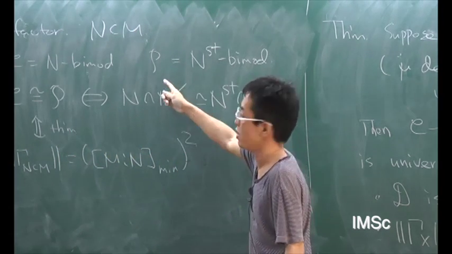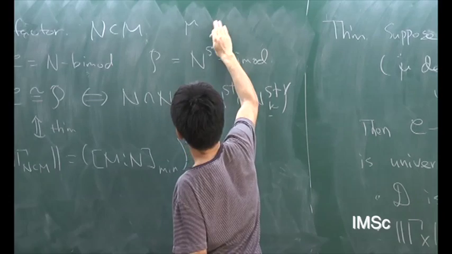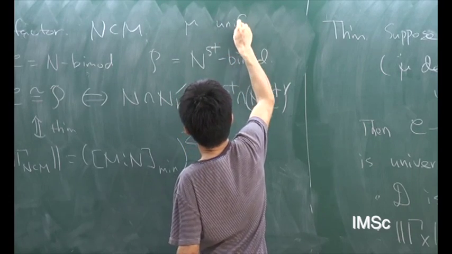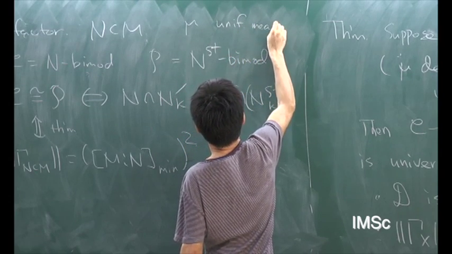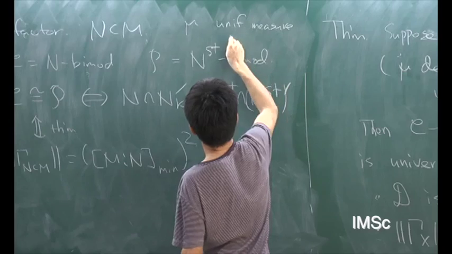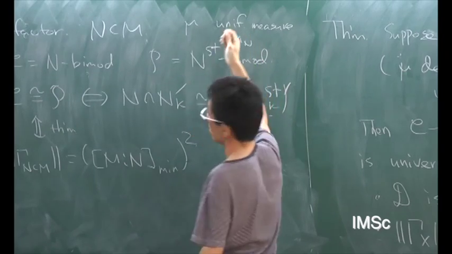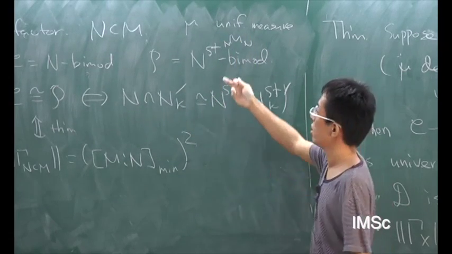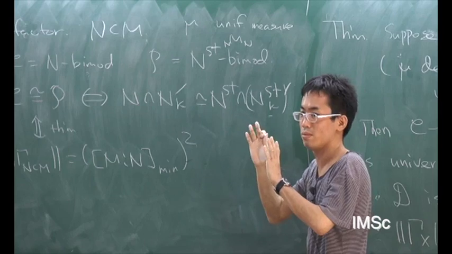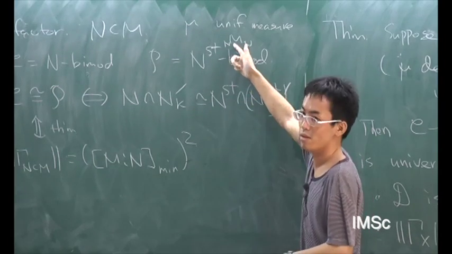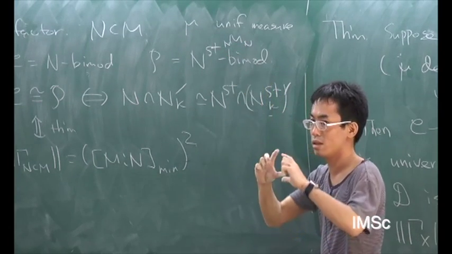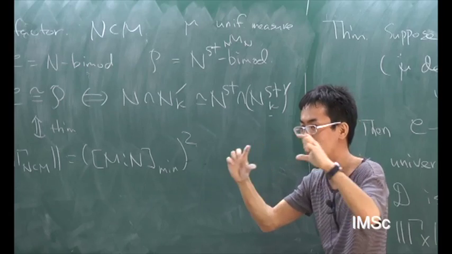Yeah, it's the same P, and mu is the sort of uniform measure on this M as an N-bimodule. You can look at this object, and there is a uniform measure.